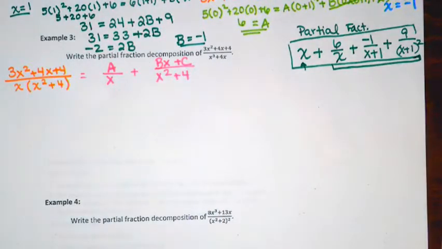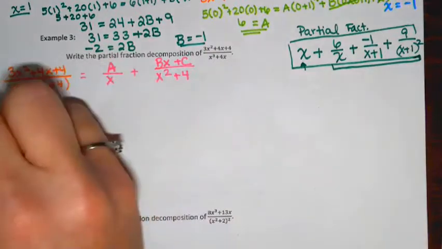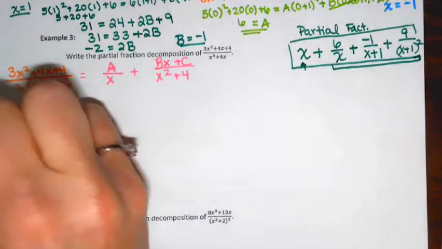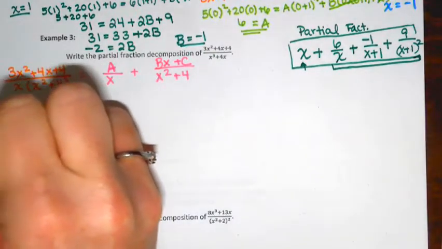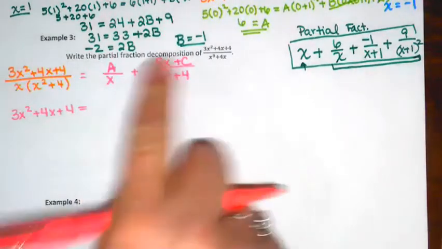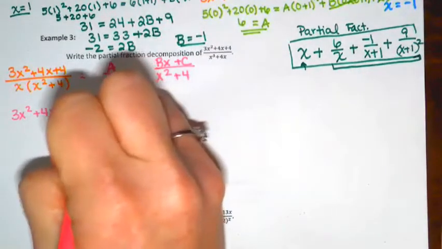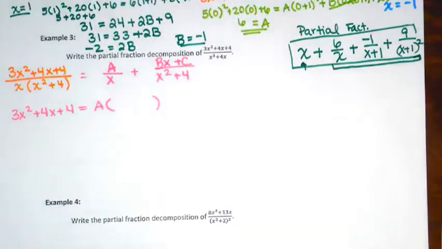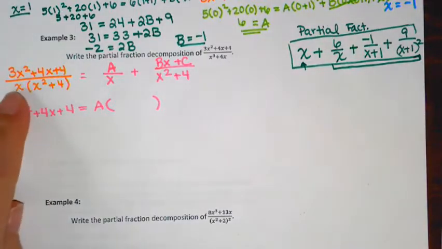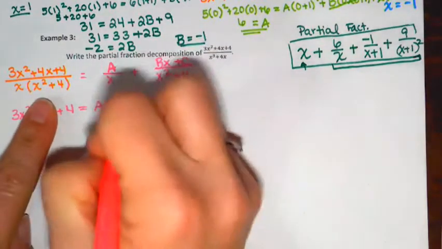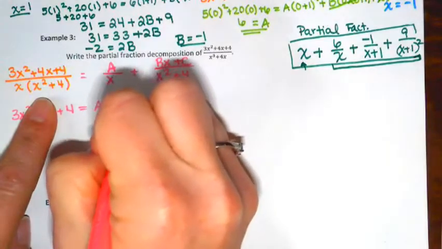Yes. Okay. Now we're going to do the exact same thing as before. We keep the numerator, which is 3x squared plus 4x plus 4. Then we take A and multiply it by what would be the common denominator. We already have the x, so we just need the x squared plus 4.